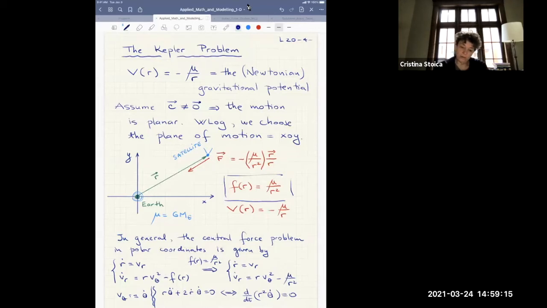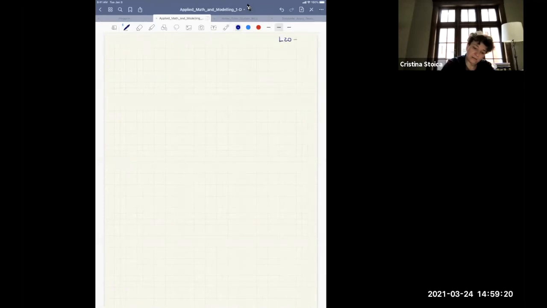So I'm going to flip the page and see where I'm getting slowly. For one thing, we have d/dt of r squared theta dot is 0.